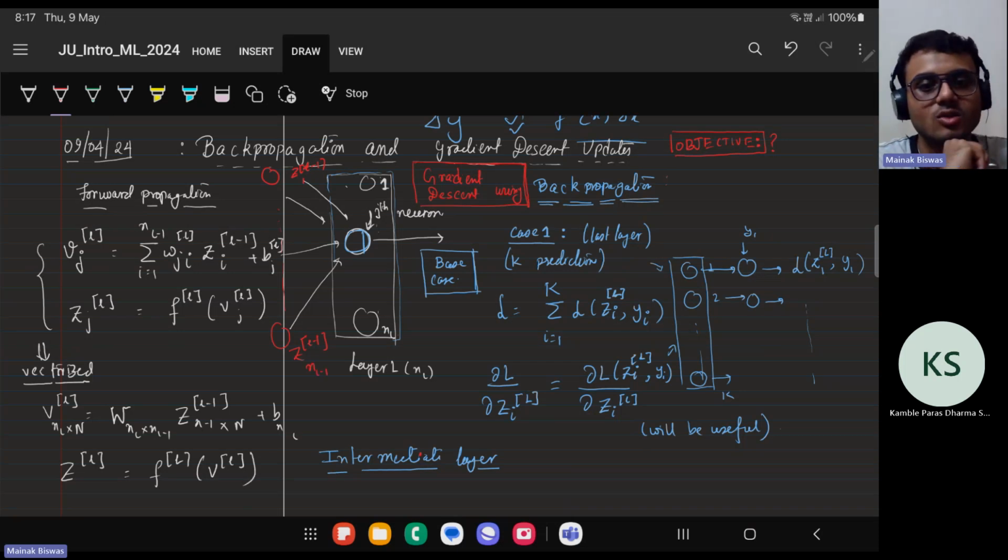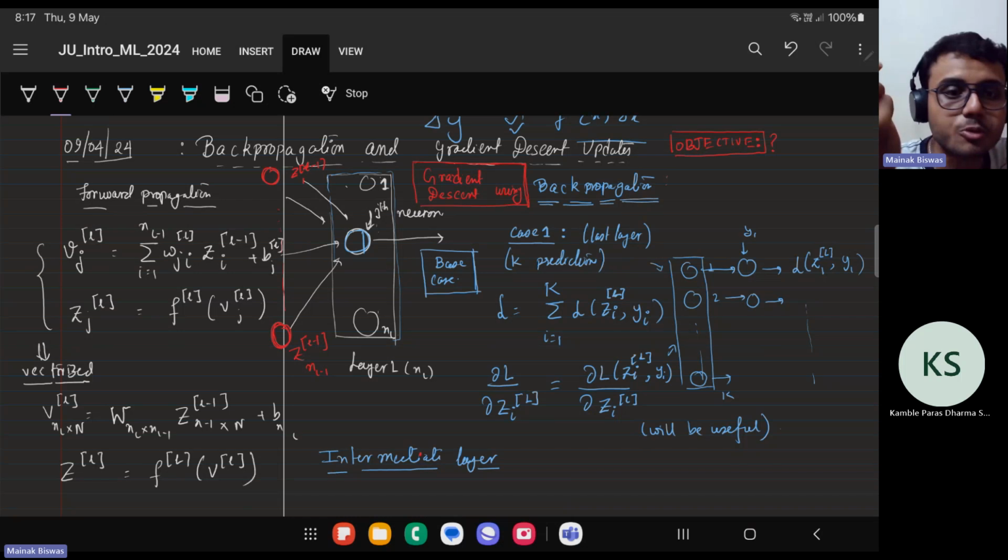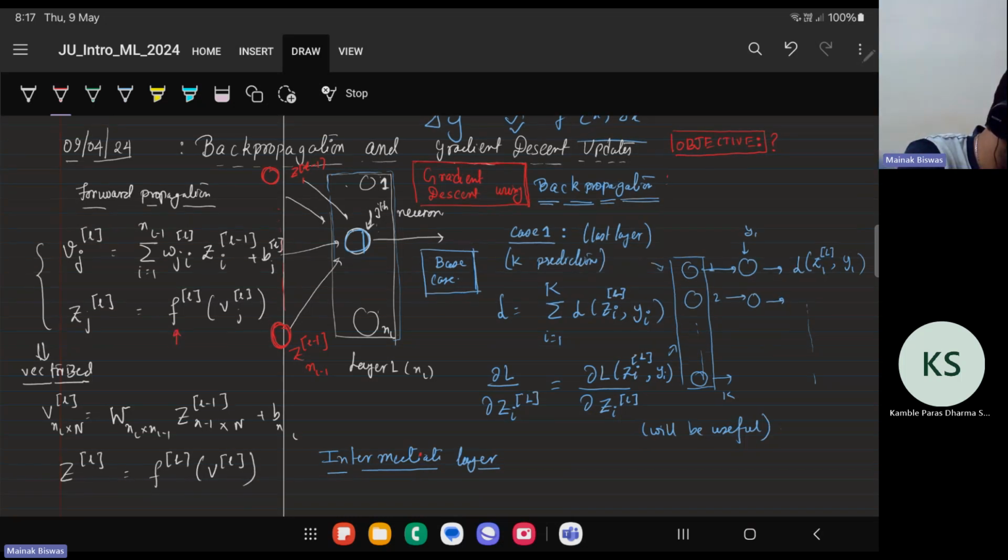You had N_{L-1} neurons in the previous layer, and you take the linear combination of all those and get one output from that neuron. That's the output of a neuron. Then you pass it through some activation function f to bring in nonlinearity, and you get the output of that layer.